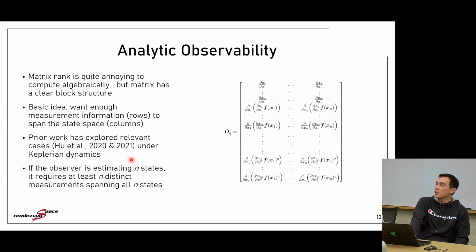And basically, in terms of the prior work, which looked at this from Keplerian dynamics, if the observer is estimating the states of n spacecraft, we need at least n distinct bearing angle measurements which span all of those states to make this observable to third order.